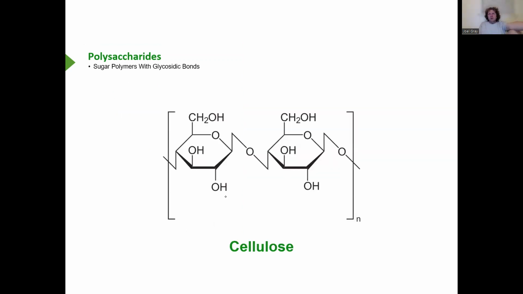Cellulose is a repetition of glucose molecule after glucose molecule after glucose molecule. But what makes cellulose so unique is that it is in a beta configuration. What that allows is, I'm going to draw, there's one straight chain of cellulose, here's another straight chain of cellulose, here's another straight chain of cellulose.